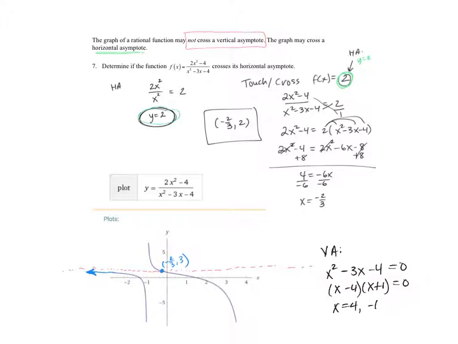So our vertical asymptotes are at x equals negative 1 and x equals 4. And there is our function. So now the next step is to actually take this information about asymptotes and touch and cross points and be able to come up with the graph of the function. And that's what we'll do in the next video.